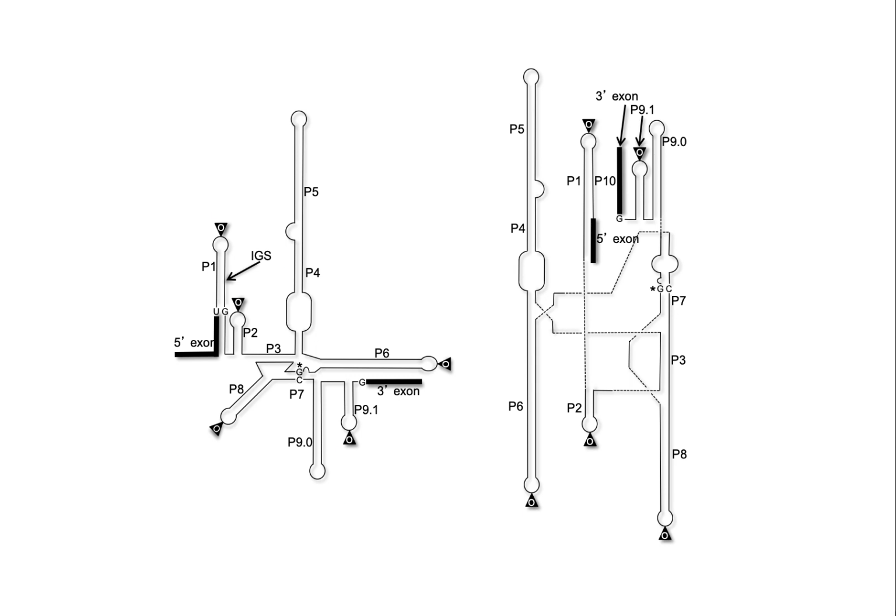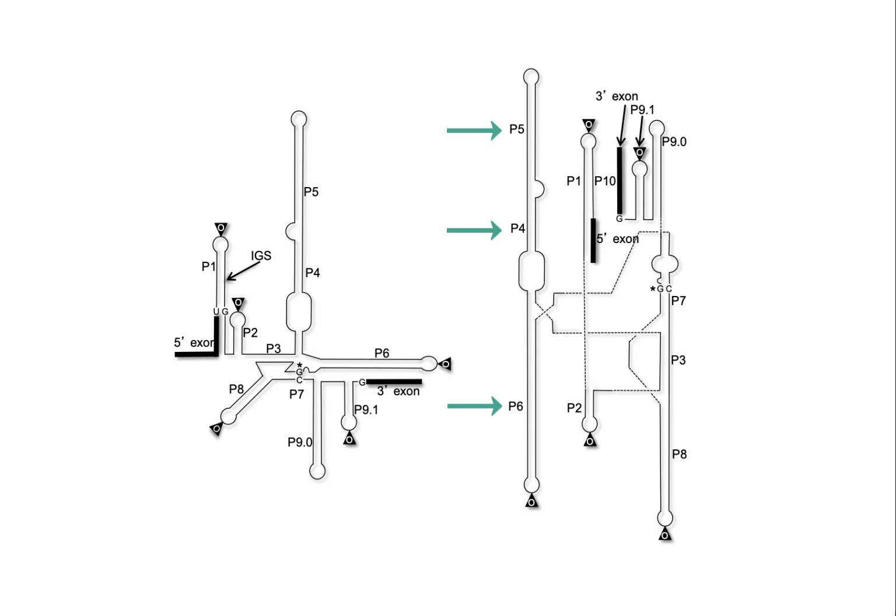The triangles on here, the little O's, are where open reading frames can sometimes be found, and those usually encode an endonuclease. The diagram on the right is the alternate view of the intron, and this shows more of a functional view, so you can see how the two exons are brought together in this form.